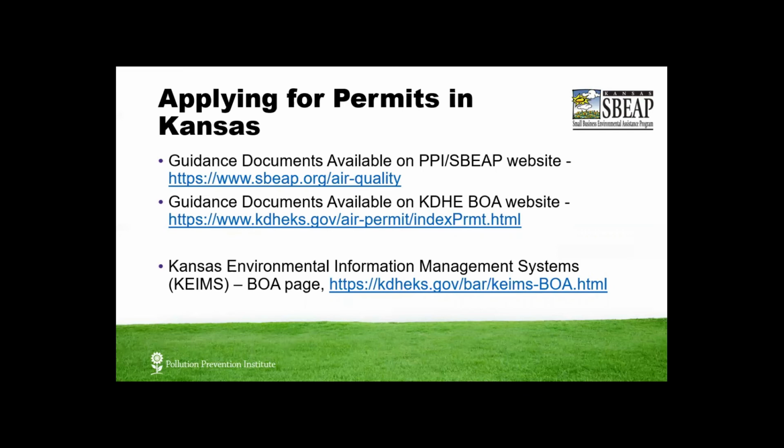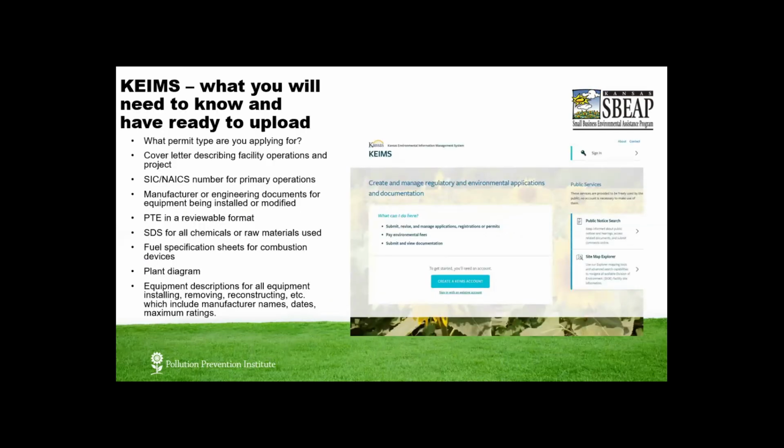All applications for air quality construction documents or operating permits must be submitted online through the Kansas Environmental Information Management System, or KEMS. When submitting an application on KEMS, you will need to know what type of permit you need and have the information you need to submit as part of the permit application ready to upload into KEMS.